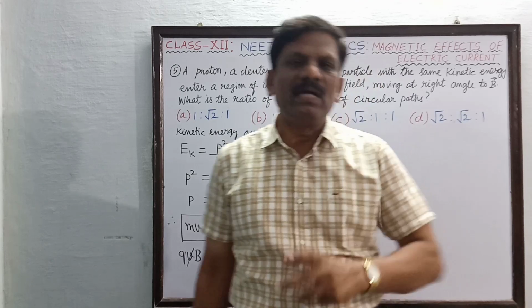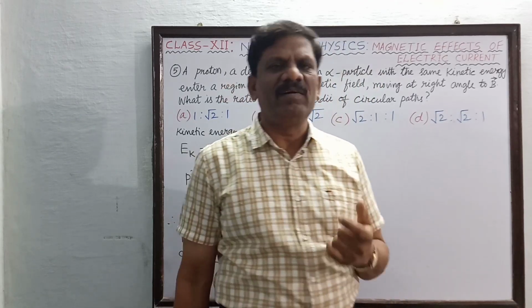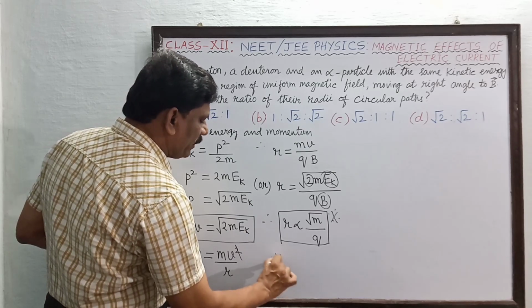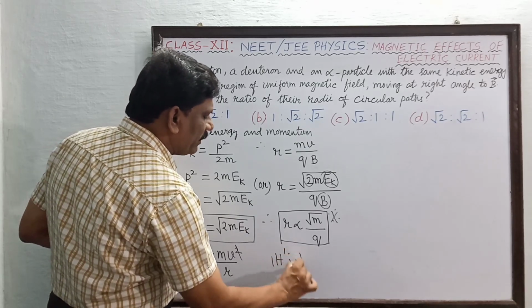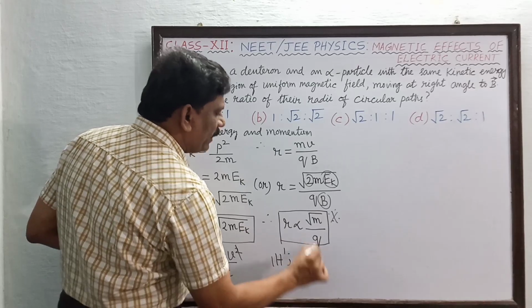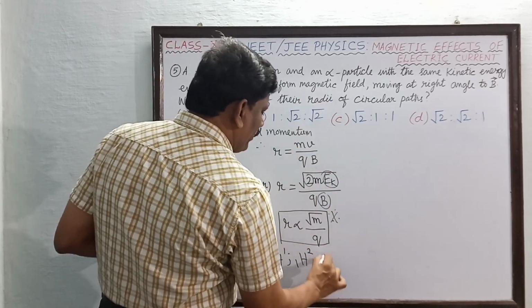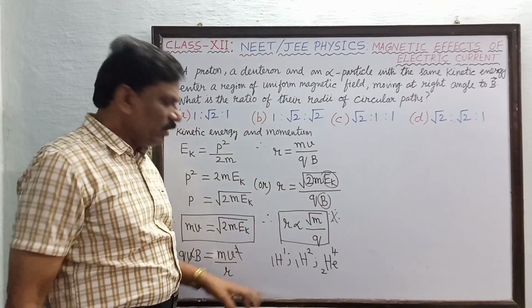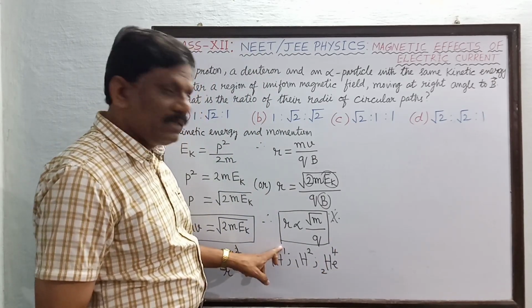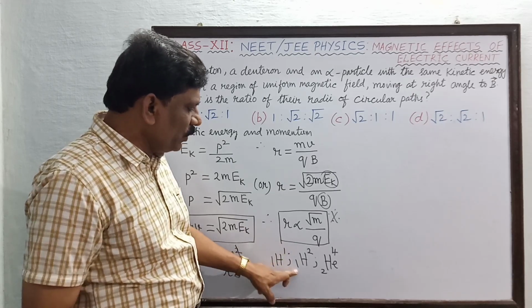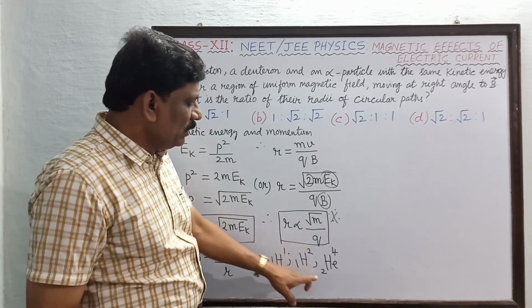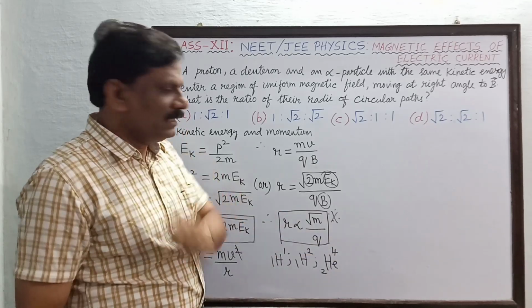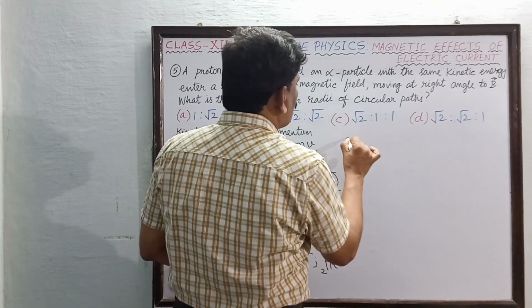The proton is 1H1, deuteron is 1H2 and the third one, the alpha particle, is helium 2-4. I will take this as q1, m1, q2, m2, q3 and m3.